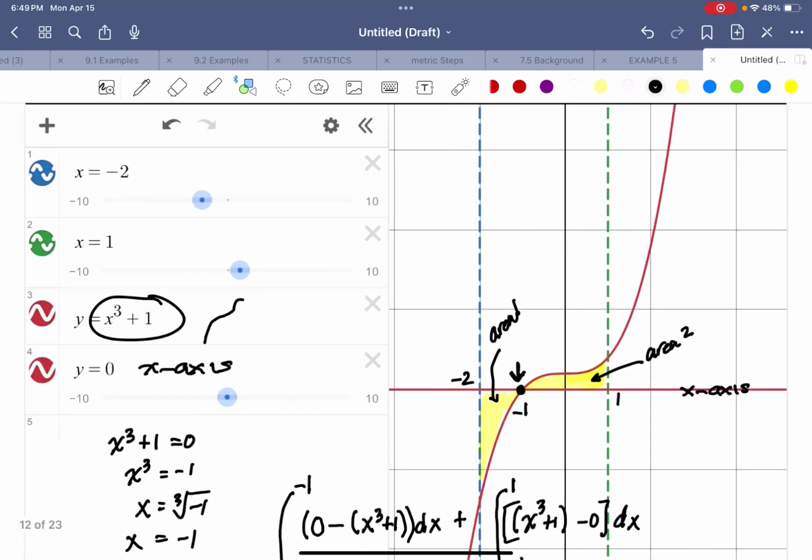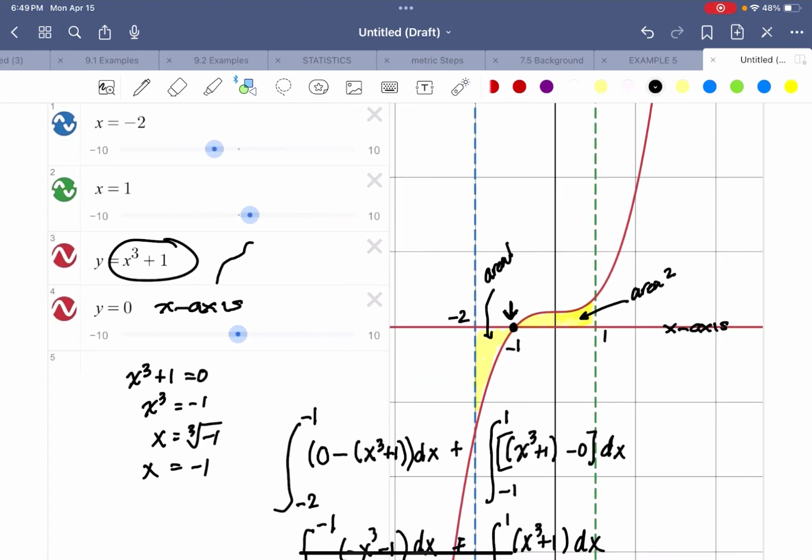So the important thing about this one is that it's switching over, and in one case, one function's on top, and in the other case, the other function's on the top. So you've got to do the integral from a to b, whatever those x values are, top function minus bottom function.